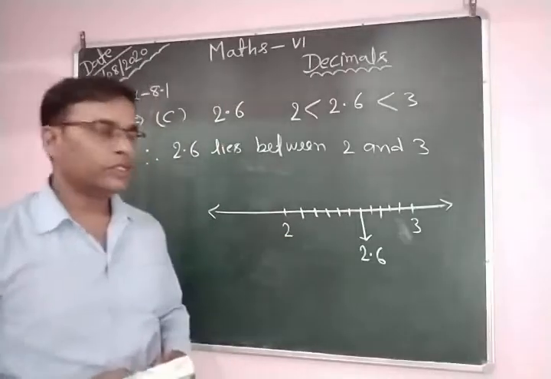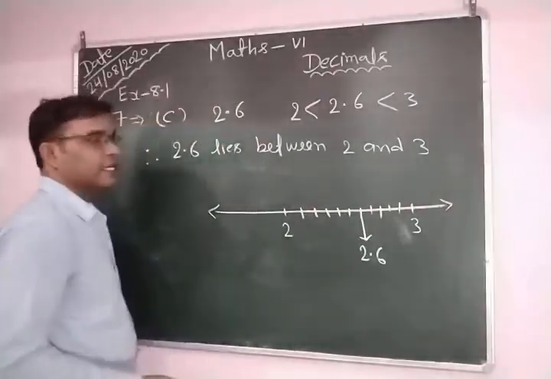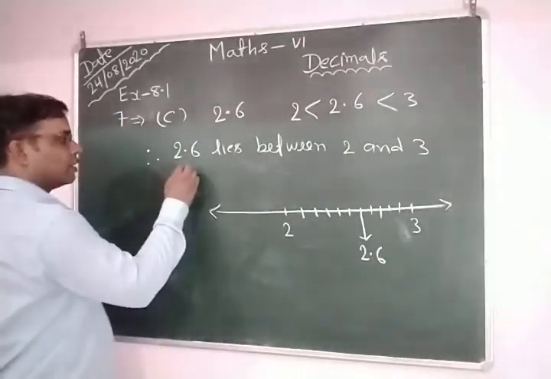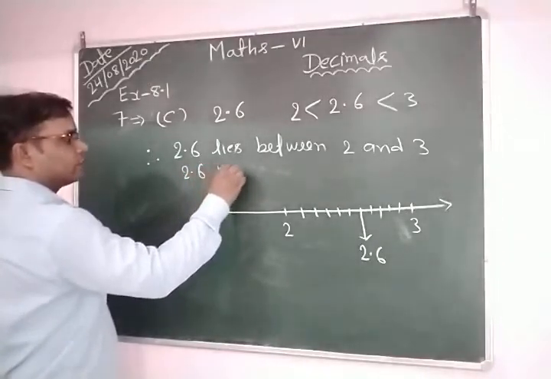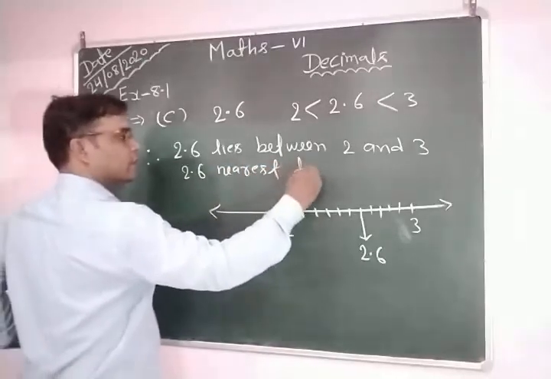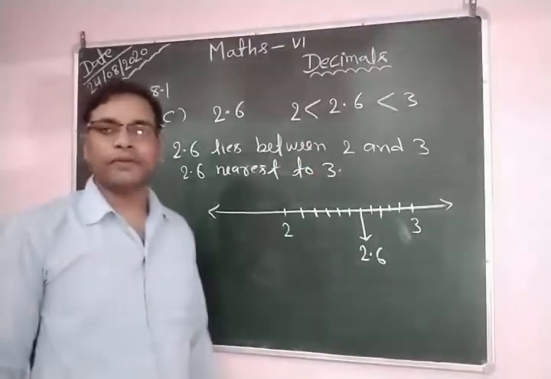Okay, so students, you can see here 2.6 is nearest to 3. So you can write 2.6 is nearest to 3. I hope all of you understood.